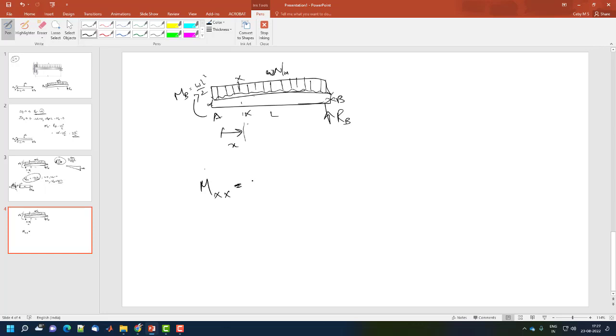So here I have taken MXX, and let's say MB is acting, take the left side. On the left side, it is a sagging moment, and we take the sagging moment as positive. What about the moment due to the distributed load? That is W into X, that is the load, and it is acting at X by 2.